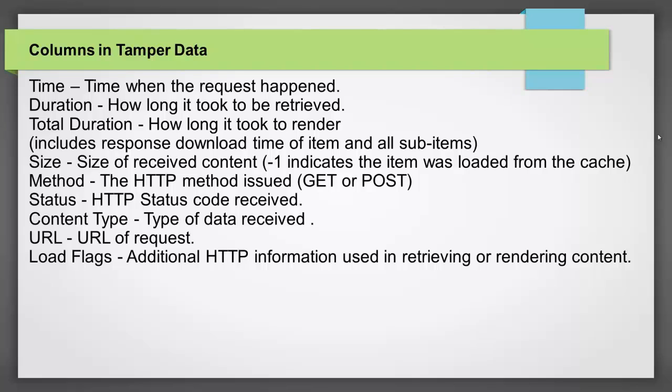The load flags column tells us about the additional HTTP information used in retrieving or rendering the content. These are the different columns in the Tamper Data Mozilla Firefox add-on. This is completely theory, but we really need to know about all of these before going ahead and performing our demo.